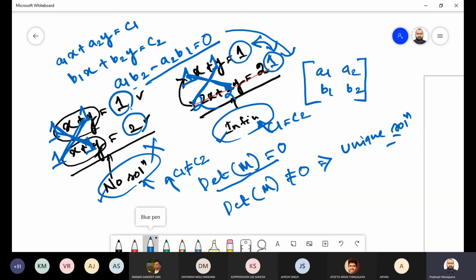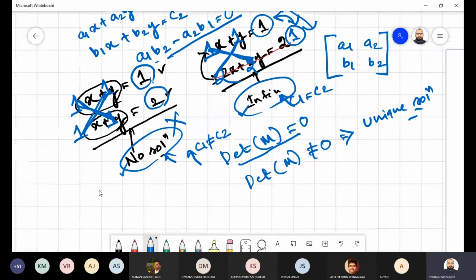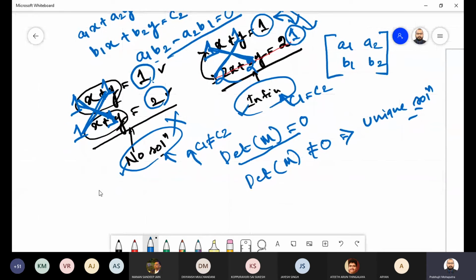And you can think in a different way also. If the left hand side becomes the same, or they are multiples, for example 1 1, 1 1, you can make one row 0, or not?